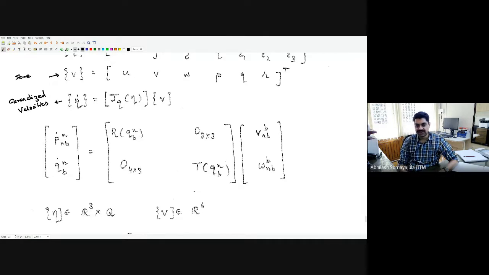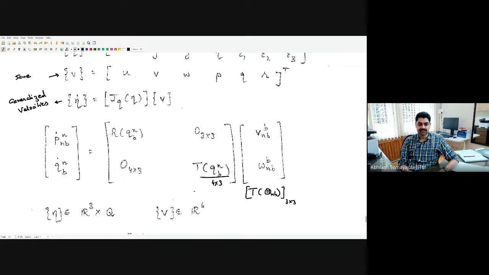Notice here that we have this T of Q B. This is slightly different than what we had before, which was the transformation with respect to the Euler angles. That was a 3 cross 3 matrix, whereas this will be a 4 cross 3 matrix.